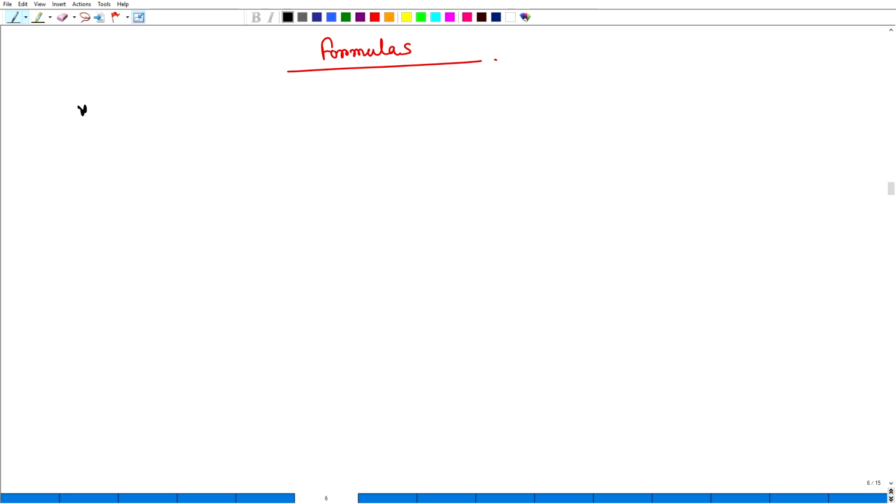Okay. So, first, h nu is equal to E final minus E initial. Next, this is very important: c is equal to nu lambda for any electromagnetic radiation.